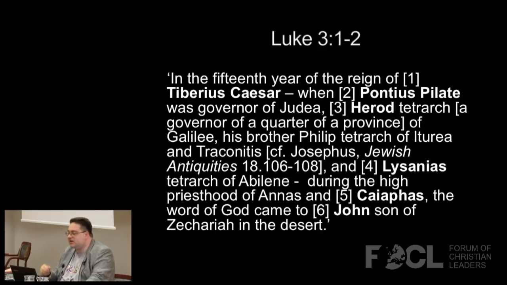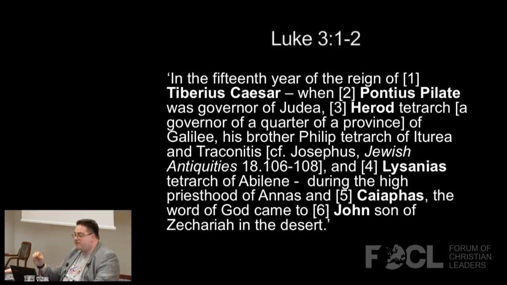So Luke notes that in the 15th year of the reign of 1, Tiberius Caesar, when 2, Pontius Pilate was governor of Judah, 3, Herod was tetrarch. That's a technical term meaning the governor of a quarter of a province, tetrarch of Galilee.